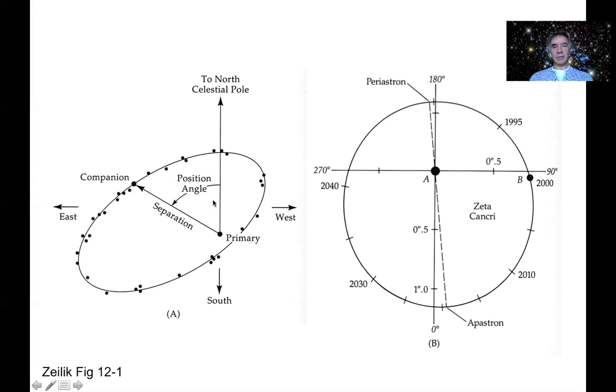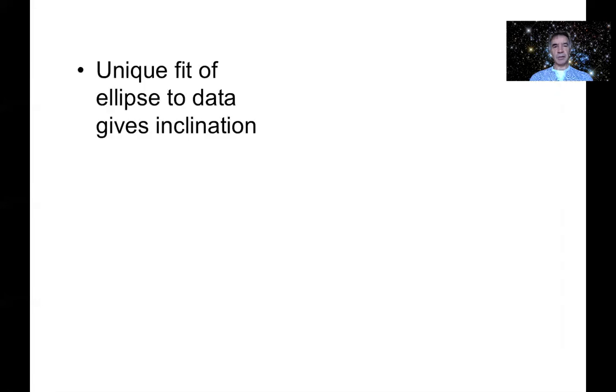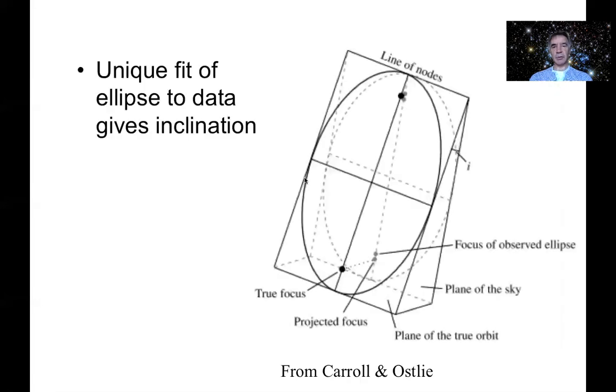There are a lot of details involved in deprojecting that. I'm not going to go into the details, and I wouldn't recommend you did either. Just suffice to say that there's only one unique fit to the data points where you can fit a true ellipse, but also the primary star is at the right position of the focus of that ellipse.